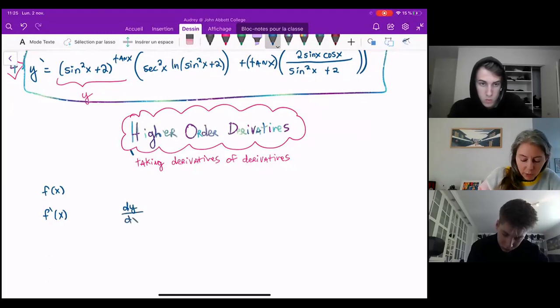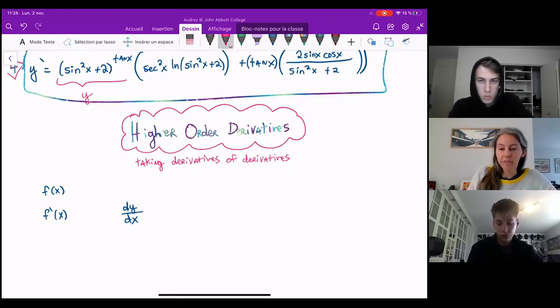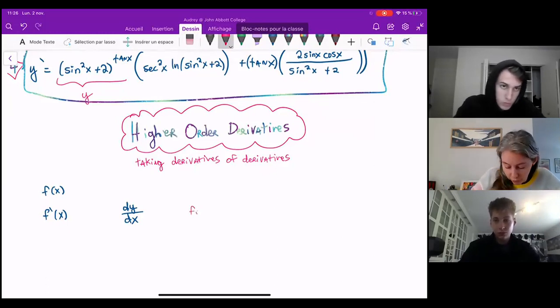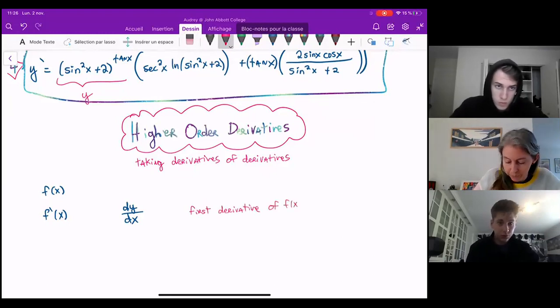I haven't been using the dy dx notation a lot, but they're both very useful. So this is the derivative of f, and it's what we call a first derivative because it's just one derivative. So this is the first derivative of f of x.